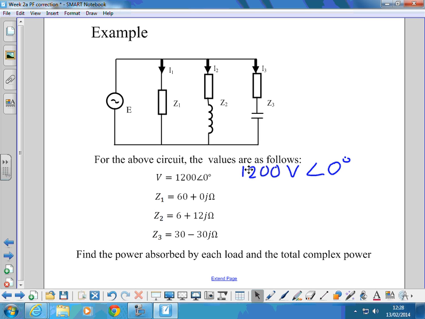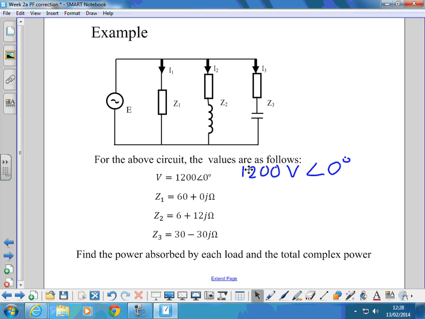It's an inductor, yeah. An inductor gives you a positive imaginary part. Z3 is 30 ohms of real, so that's the series resistor, and a minus 30j, or minus 30 imaginary part, that is the capacitor, yeah, it's the capacitor.